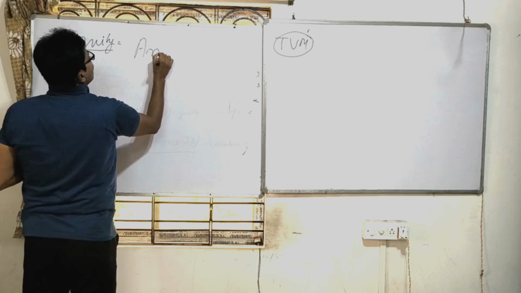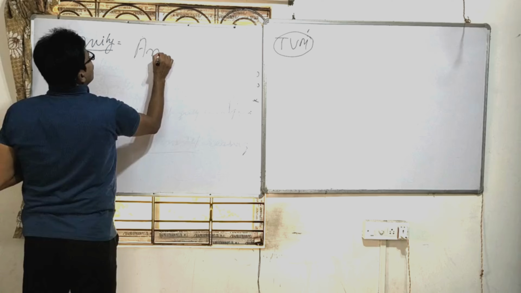Or suppose you have a recurring deposit of rupees 1,000 per month. This is also an example of annuity. So this is a fixed amount of cash flow at regular intervals of time.